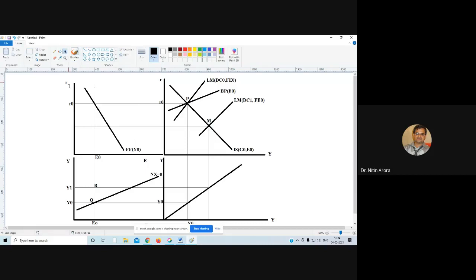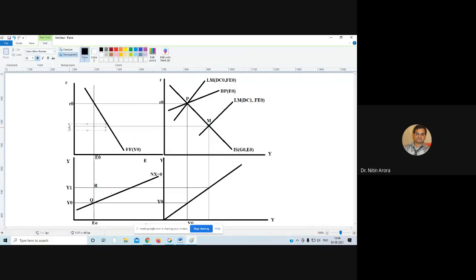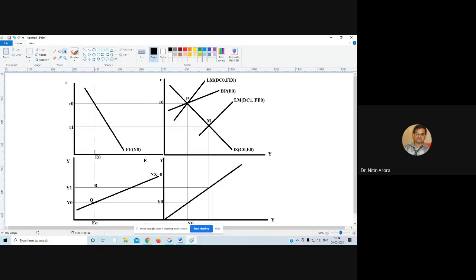Basically this is R1. Now, the R1 E naught combination will give me FF Y naught, FF Y1, still Y1 is greater. So this will shift to right.